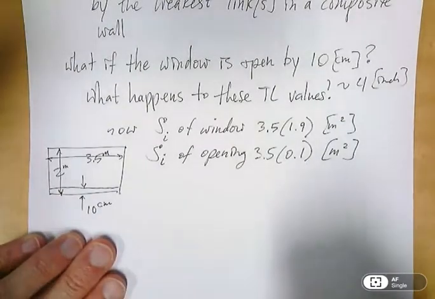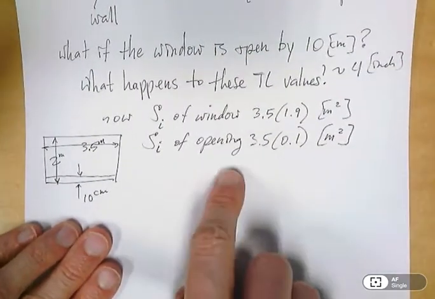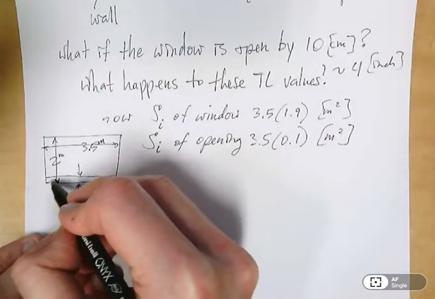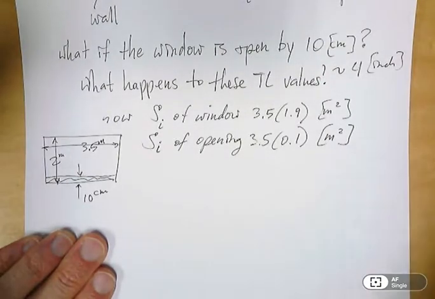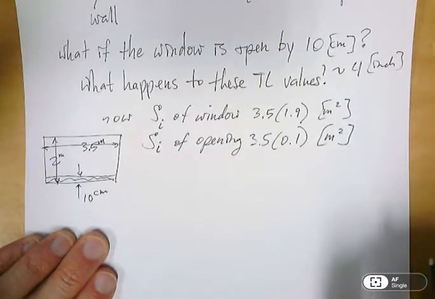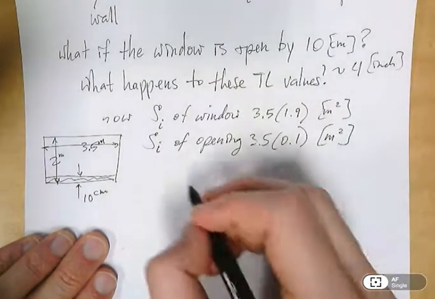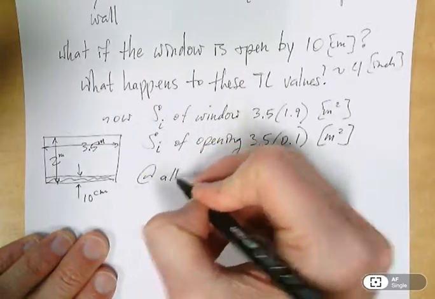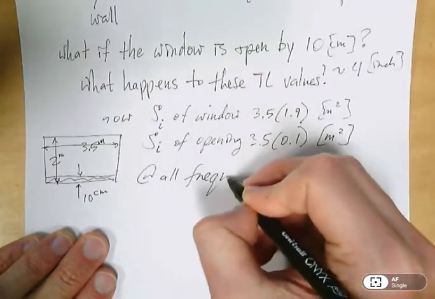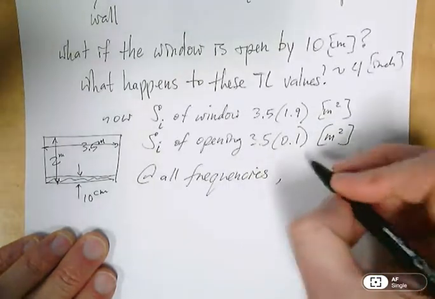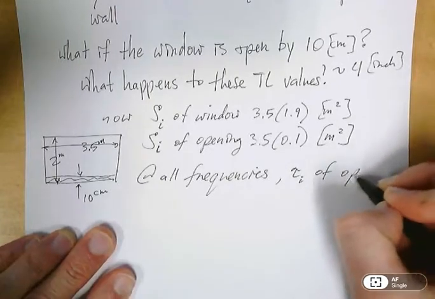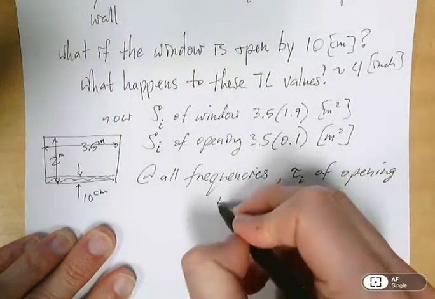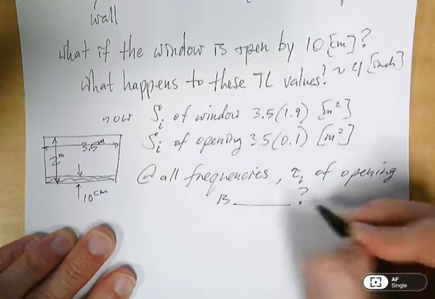Now, we then have to find, okay, so if this open area is contributing, it's just straight outdoors, so to speak, or whatever is on the other side of that window, we need to find what that transmission coefficient of the opening is. So at all frequencies, the transmission coefficient of opening is what? It's 1.